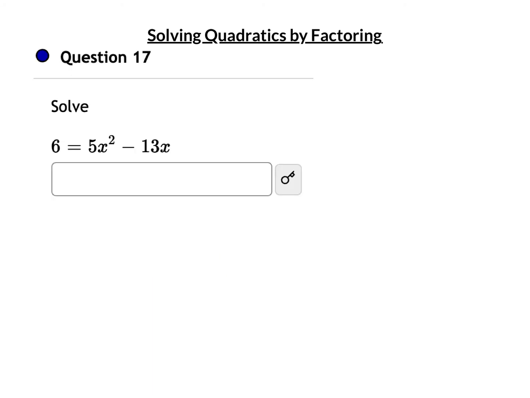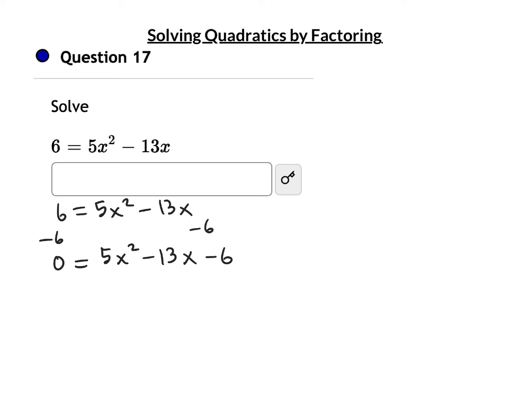Question 17 is also not in the right form. I need to have it equal to 0. Let's take a 6 off each side. 0 equals 5x squared minus 13x minus 6. There's a number in front, so I'm going to multiply those two. 5 times negative 6 is negative 30.